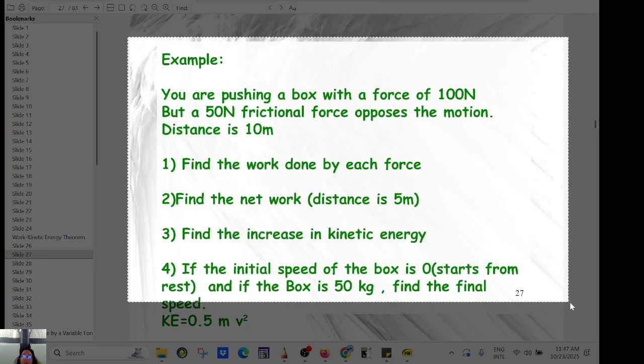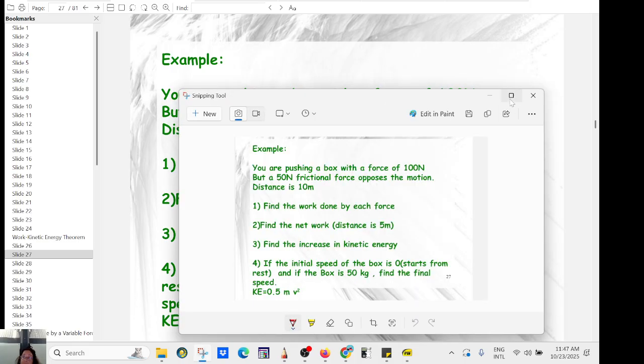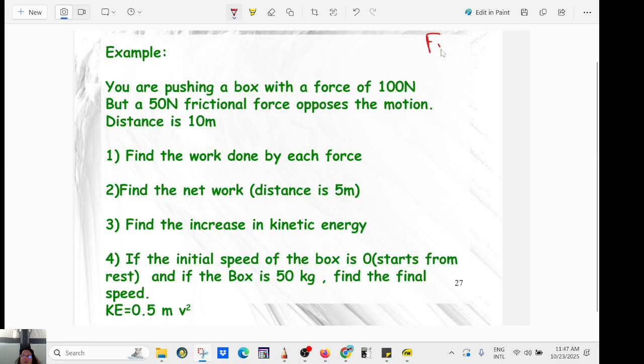What will be the net force? 50, right? So the net force is 50 Newton and it's along the motion, so I don't have to worry about the angle. So the net work will be 50 times 10, which is 500 joules.